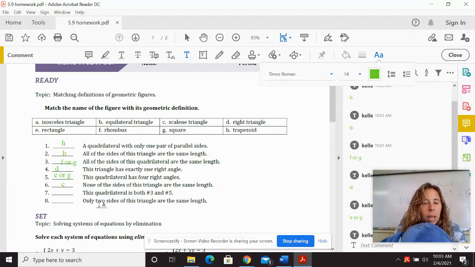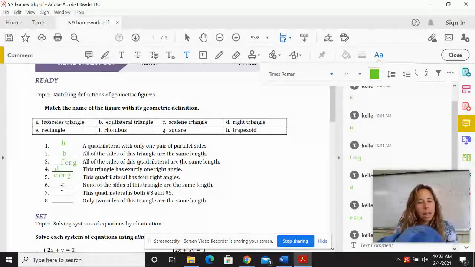Number 7, this quadrilateral is both number 3 and number 5. Number 3 was sides are all the same, and number 5, 4 right angles. So it has to cover both of those. Aha! A square has sides that are all equal and they all have right angles.